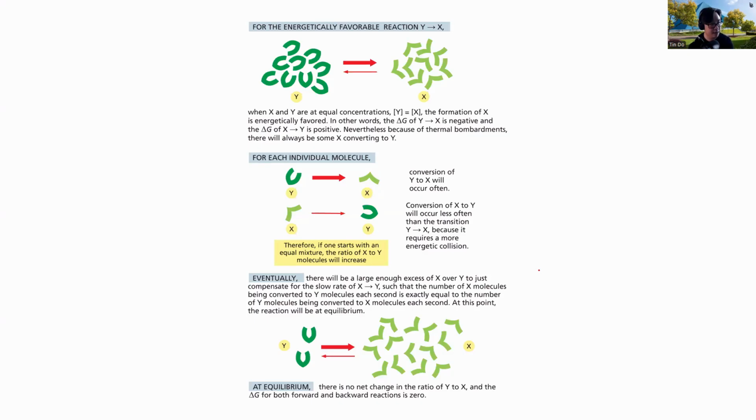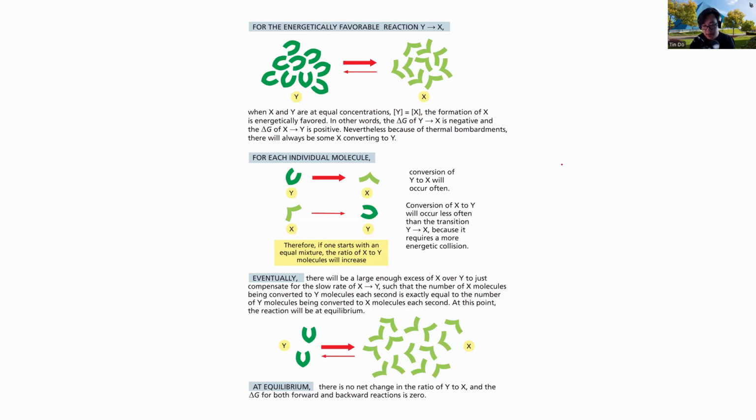Hopefully, you guys recall that. Okay. Energy favorable reaction from concentration of Y to concentration X. The formation of X is energetically favored. So delta G Y to X is negative. Delta G X to Y is positive. Again, if the reaction is moving forward, chances are without any extra input of energy, it's a spontaneous reaction.